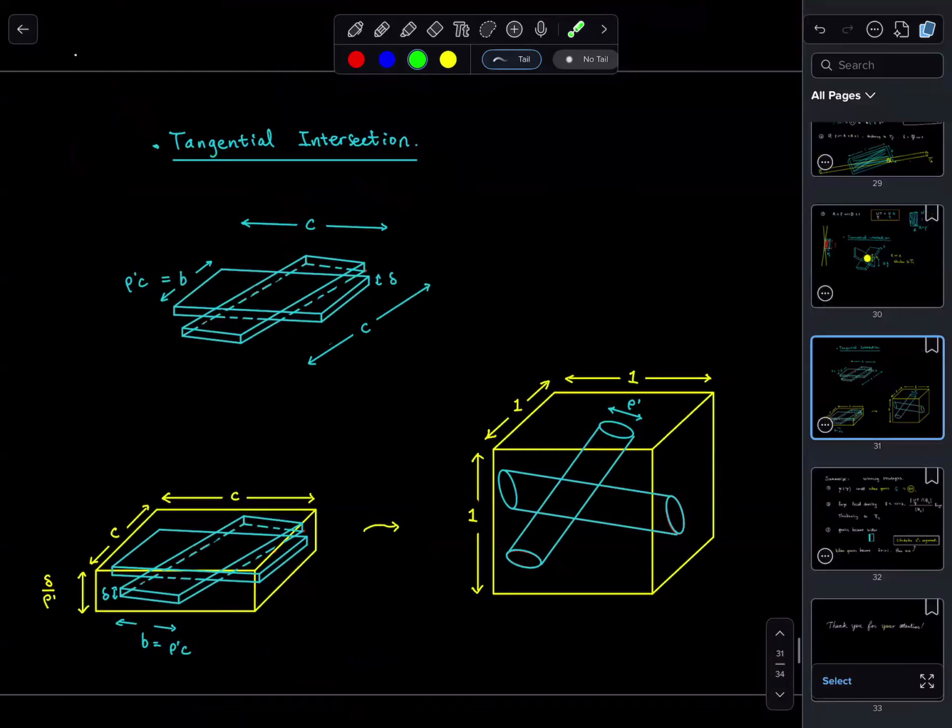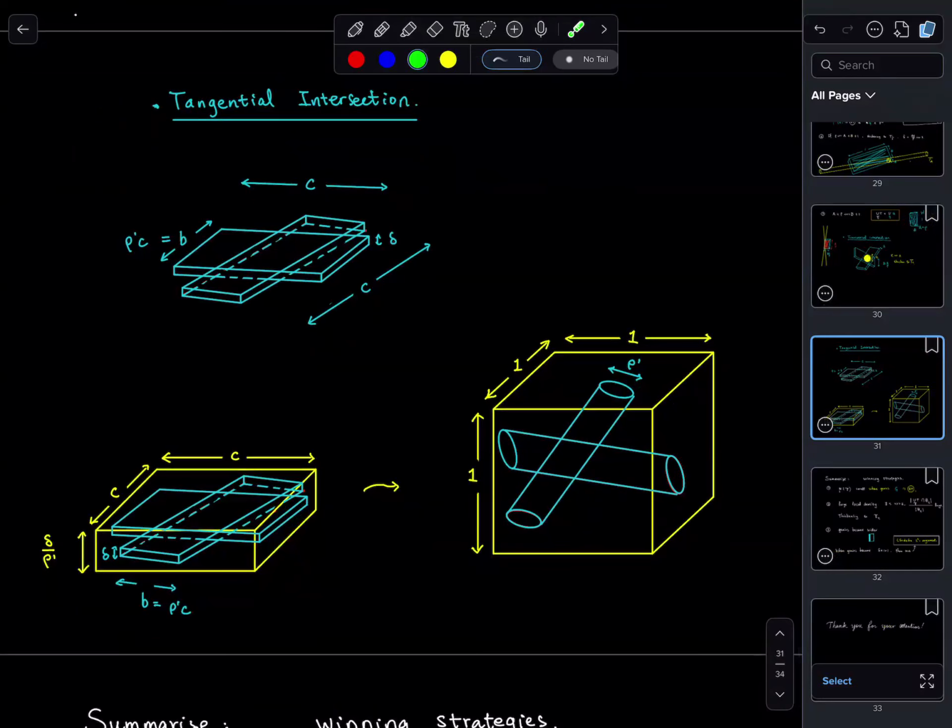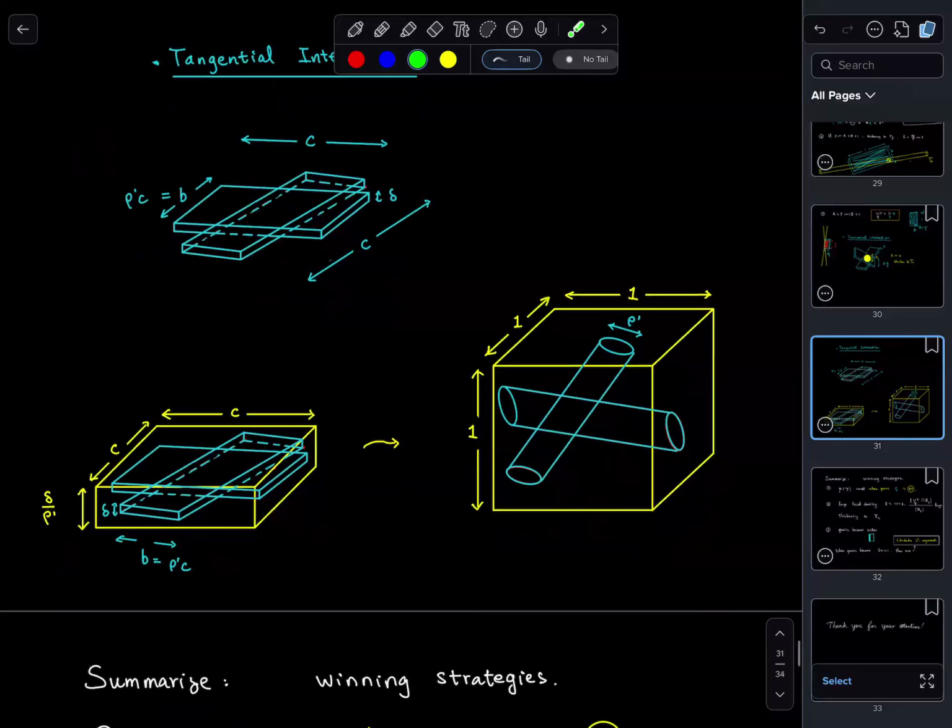There is another case that's called the tangential case, meaning that the typical intersection goes this way rather than this way. So this is a tangential intersection. For this box, we call them planks when the boxes are really thin.